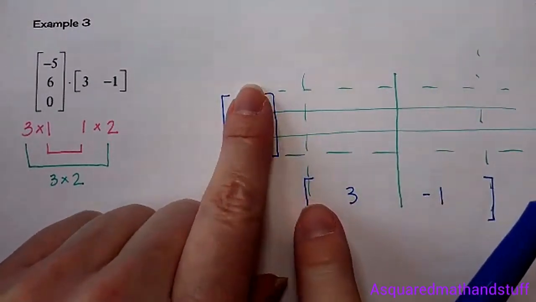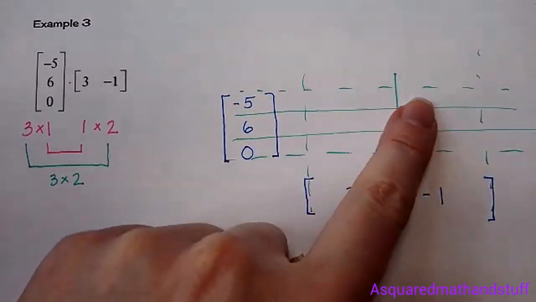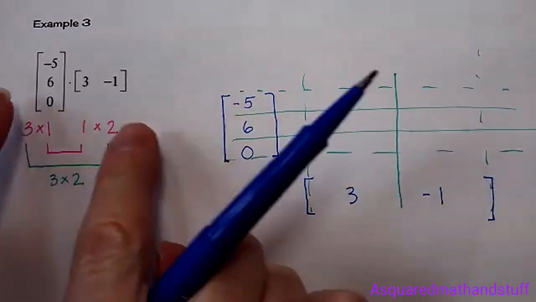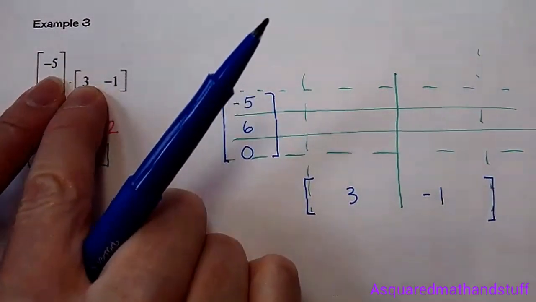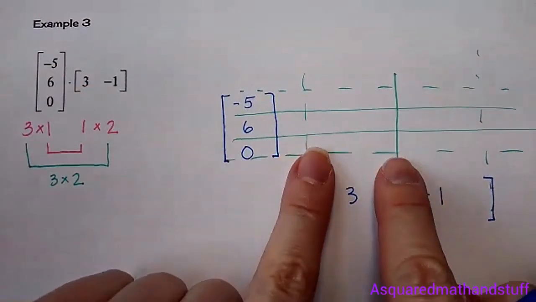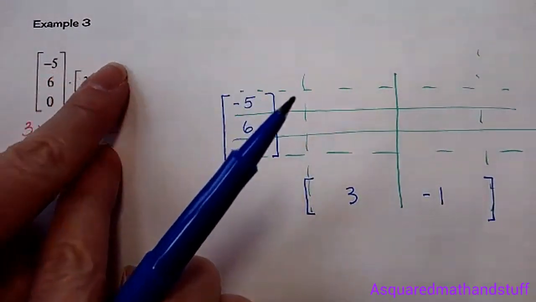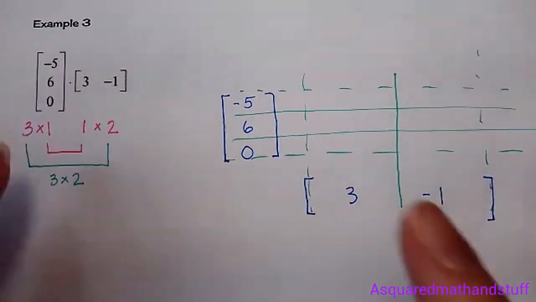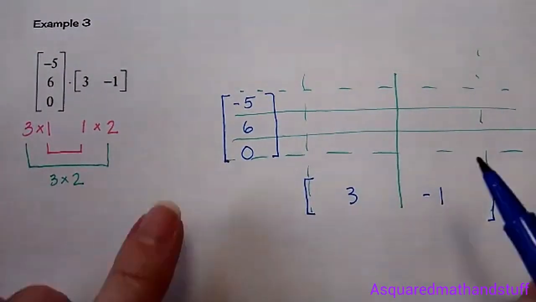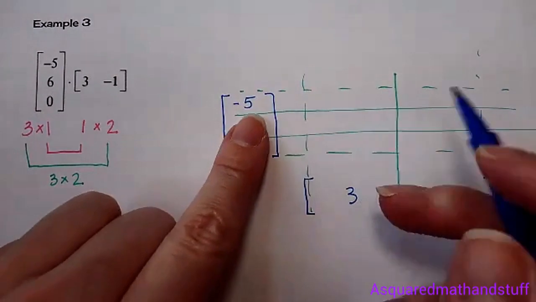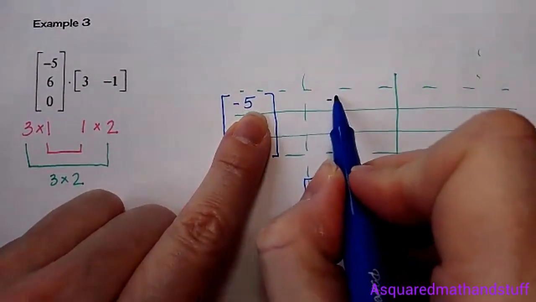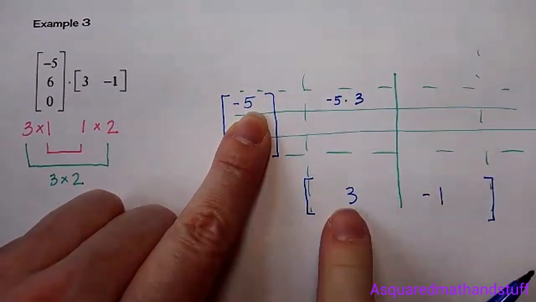So remember, we go across at the same time we go down. But with these, there's only one number. So that's why sometimes it gets confusing. And that's why I'm using the grid system on this one. Because if I go across and down, I only have the one number to work with, or one set of numbers. So in this box here, we only have a -5 times 3.